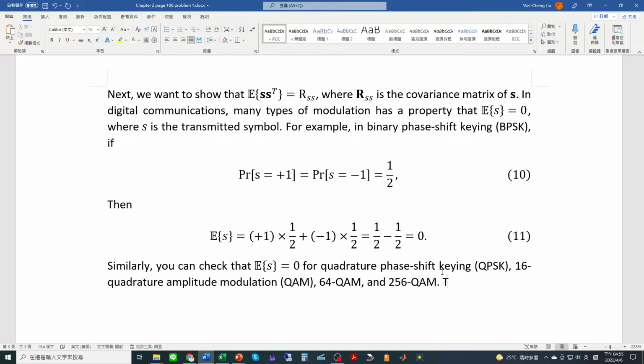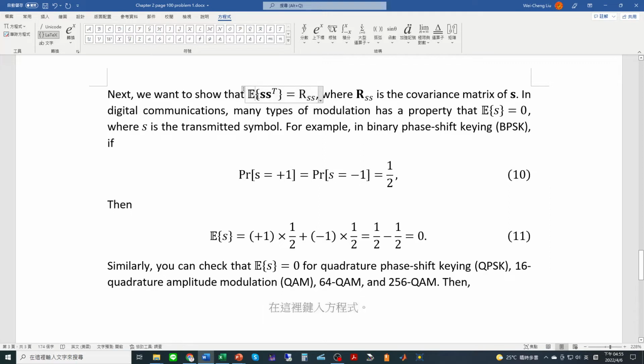Then the expectation of S times S transpose is equal to the expectation of (S minus 0) times (S minus 0) transpose. And 0 is also a vector.